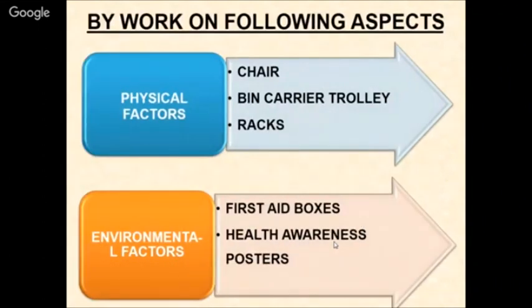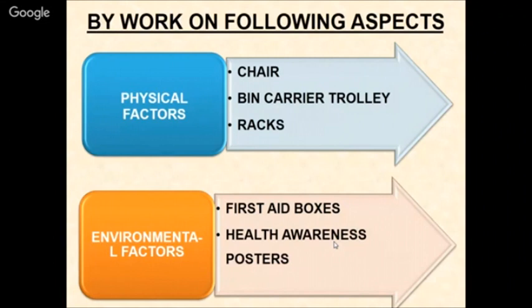Okay. So working on this, the following aspects. After studying their postures and what type of work they are doing, the students took up these physical factors: the chairs or stools on which they were sitting, the bin carrier through which they were picking up the clothes for stitching, and the raw material which they were picking up from the racks, because this raw material was then carried over to the cutting section where the cloth cutting was done, then it was sent to the stitching section.